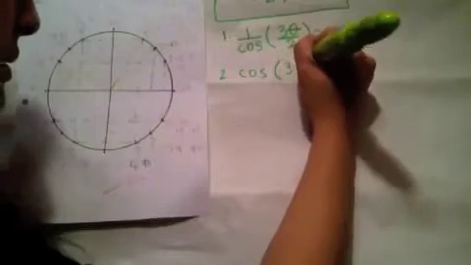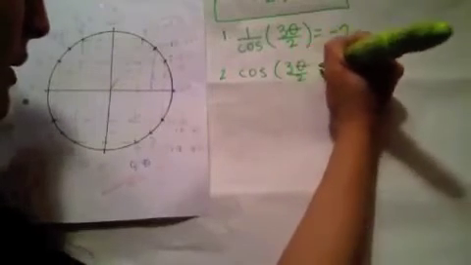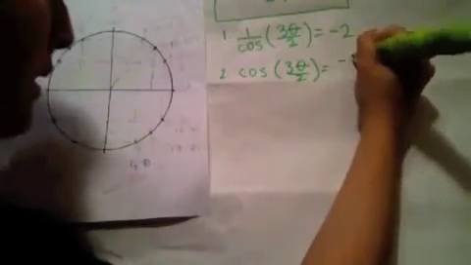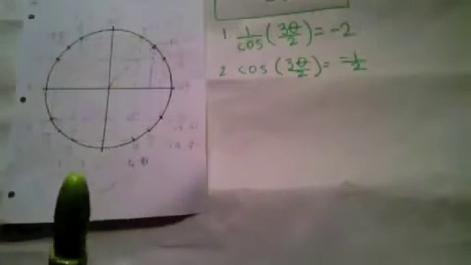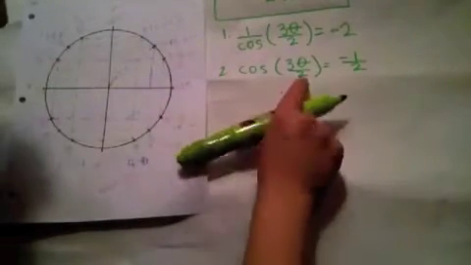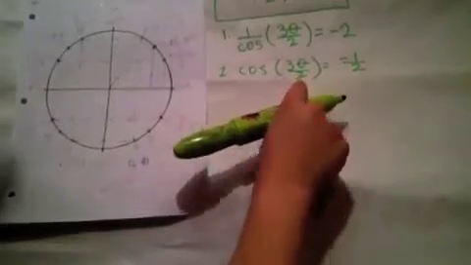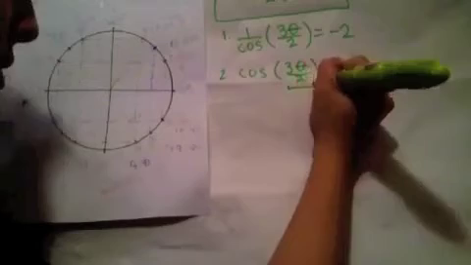So cosine 3 theta over 2 equals -1 over 2. Alright. And then on the third step, what we're going to do is we're going to substitute this 3 theta over 2 with x. And you'll see why in just a minute.